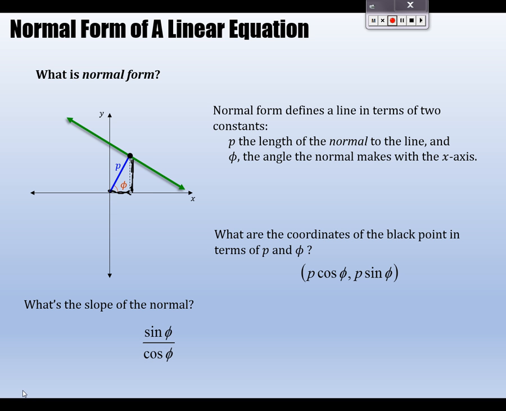The p's cancel off. If you want to write that as tangent phi, that'd be perfectly great. And then some of you are already jumping to the real question we wanted to answer, and that's the slope of the green line, which is ultimately what we care about. And that's negative cotangent, you're welcome to write, or how about negative cosine phi over sine phi? Just the negative reciprocal, the opposite reciprocal.